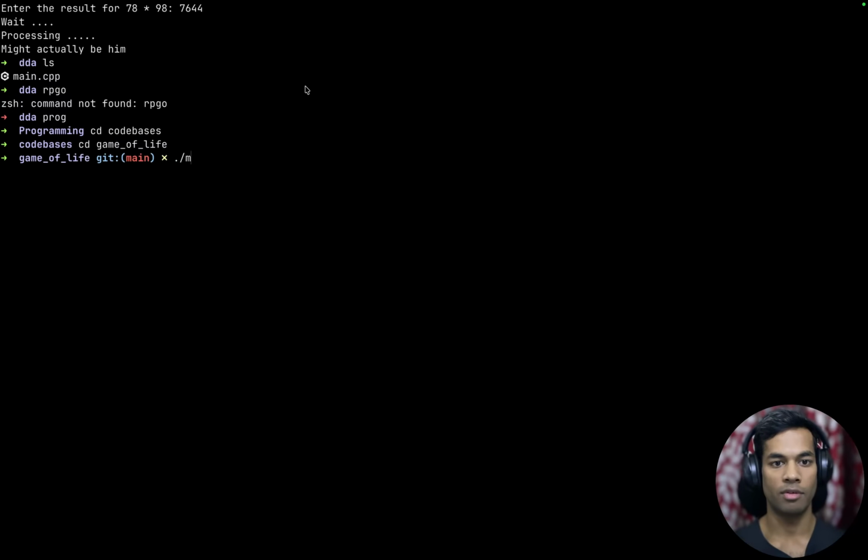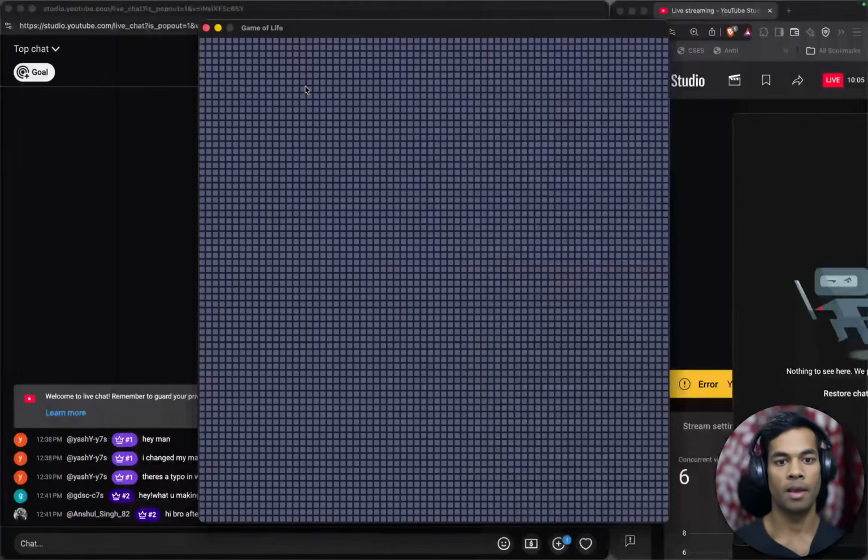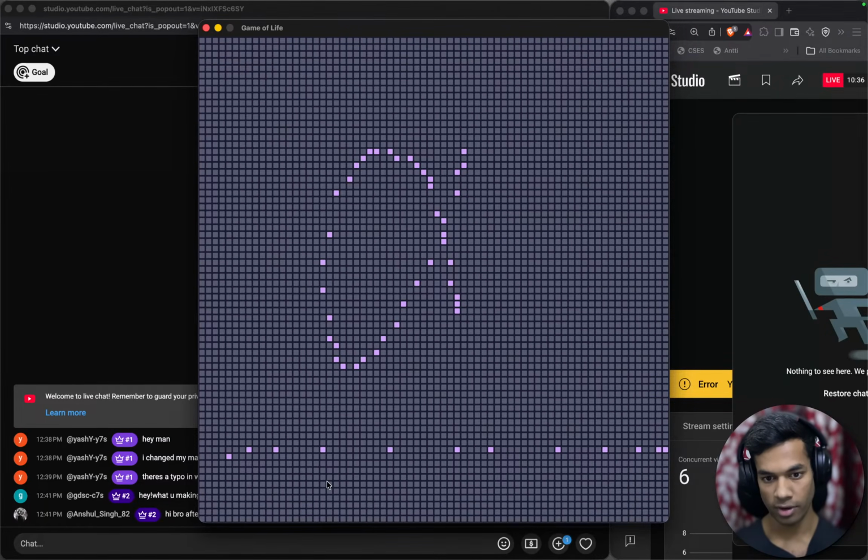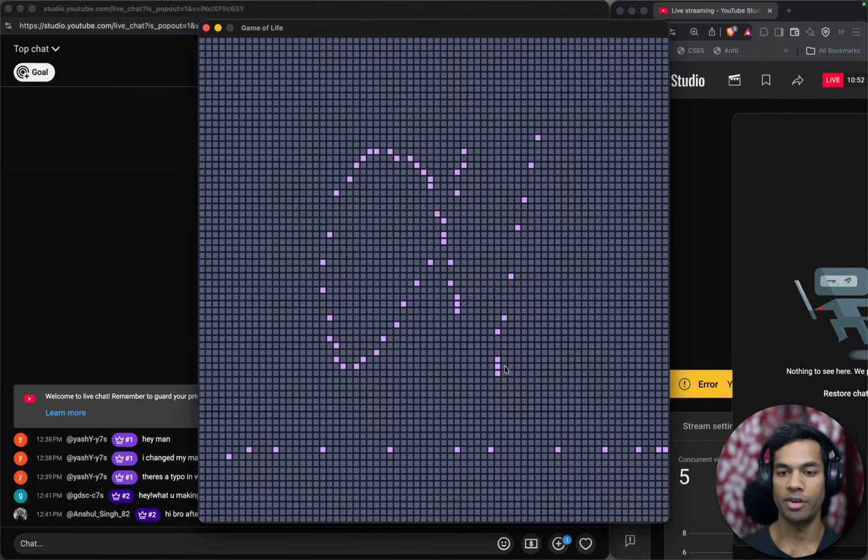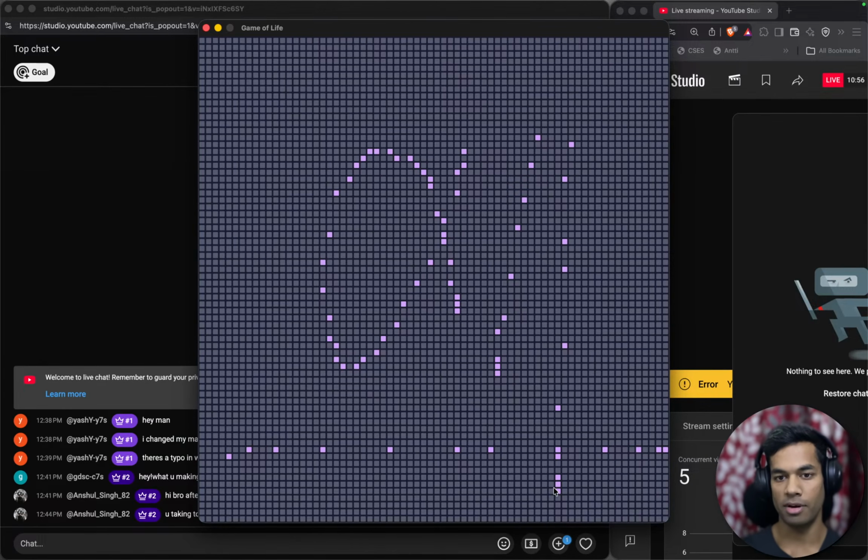Game of life dot slash my game, and this is the problem. When I move my mouse too quickly, these cells in the middle are not getting updated as live cells, because on a separate thread there is a function which is fetching the current location of the mouse, but that function is only updating at 60 frames per second.